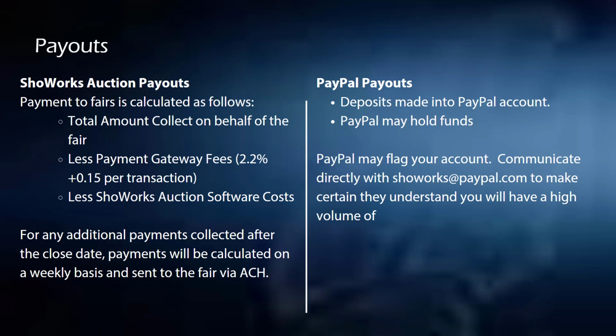And then any additional payments collected after your close date, because in reality, you can leave your site available to buyers for them to go ahead and do payouts, even though your auction or add-on time is closed, will be calculated on a weekly basis and sent to the fair via ACH. So all payouts are going to go through ACH. I'm going to show you where to put the information in so that we can gather that.